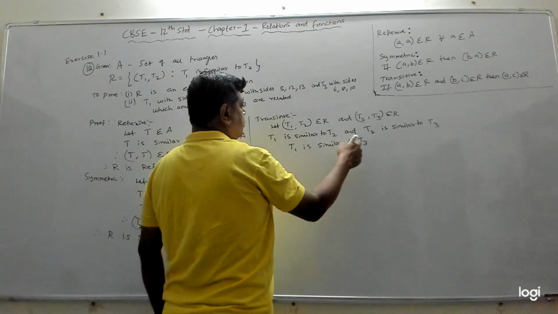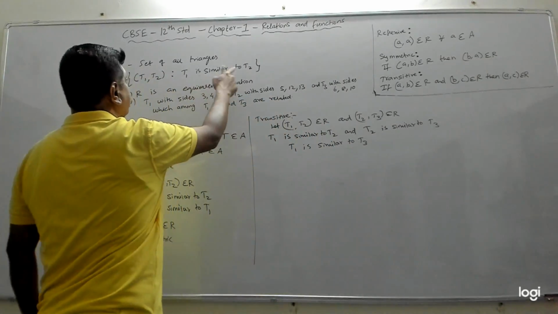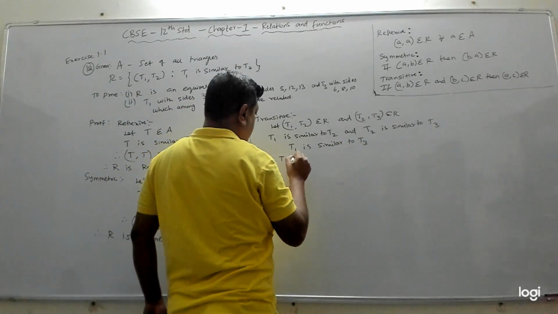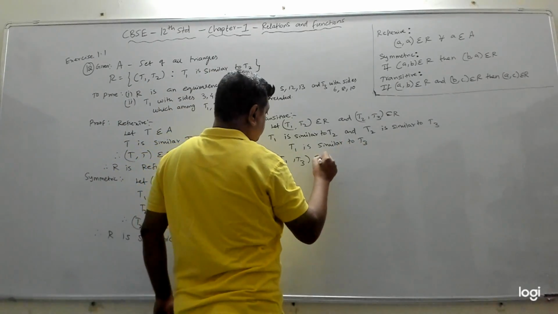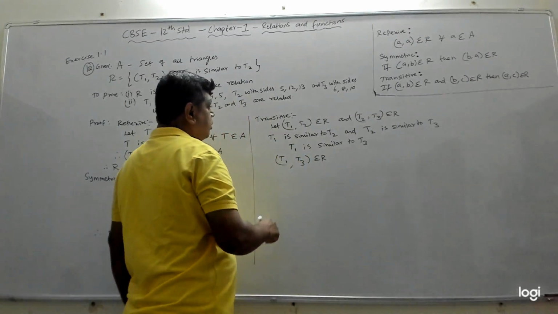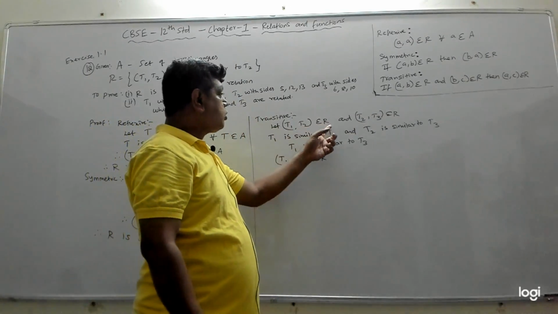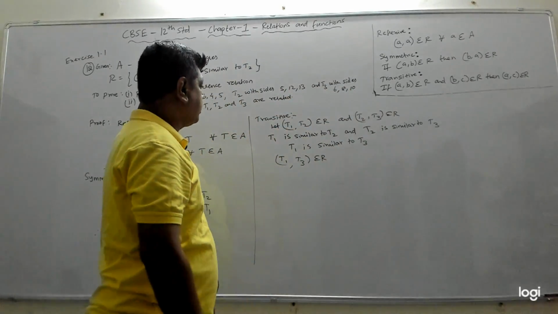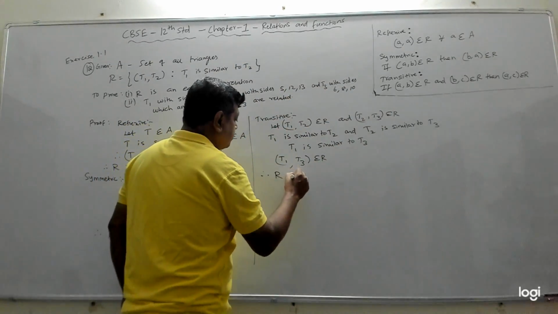Since T1 is similar to T3, (T1, T3) will belong to R. So we have taken (T1, T2) belongs to R and (T2, T3) belongs to R, and shown (T1, T3) belongs to R. We have proved that. Therefore, R is transitive.